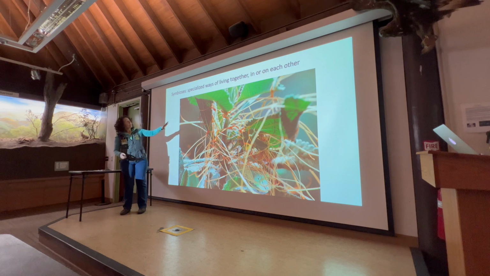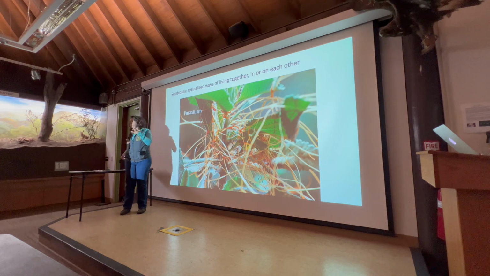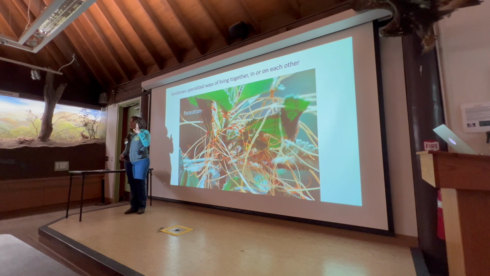Anyhow, this is a very close kind of association we call a symbiosis, but this one is called parasitism, right? So this is a parasite. That just means a really close association between two species where one partner benefits and the other one is harmed, right?